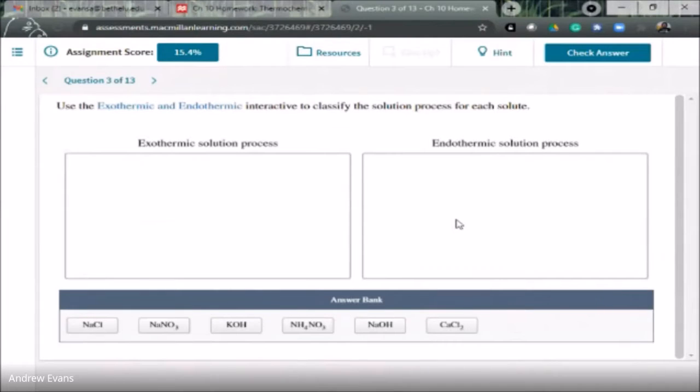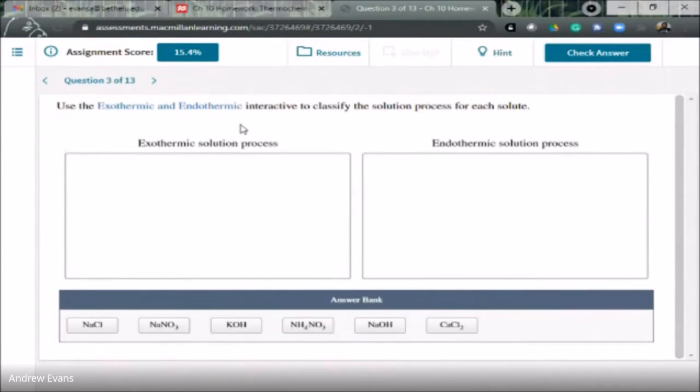Okay. For this one, you will have to do the interactive. I'm going to leave it in there. But basically, I think you put the solution in and you see, does the temperature go down or the temperature go up? Does the solution get colder? Does the solution get hotter? And remember, endothermic means absorbing heat.